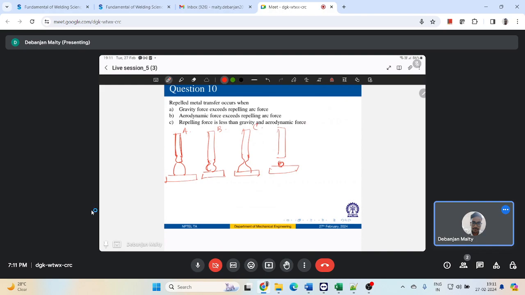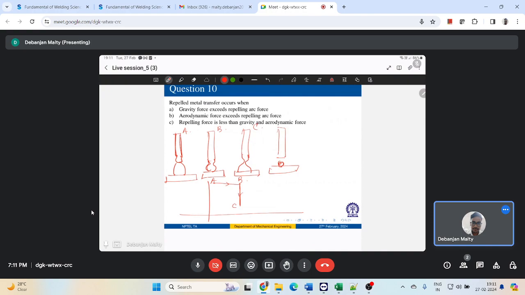So what will happen in terms of voltage drop? From A to B, there will be a certain voltage drop. Then whenever this neck formation is there, there will be a sudden voltage drop.